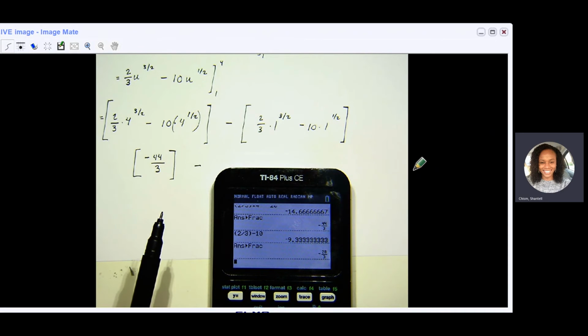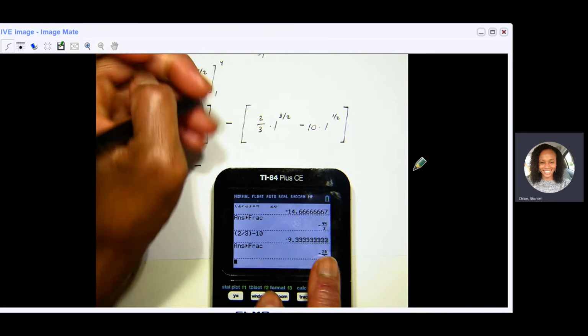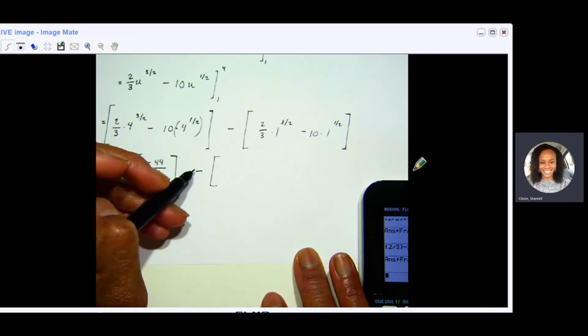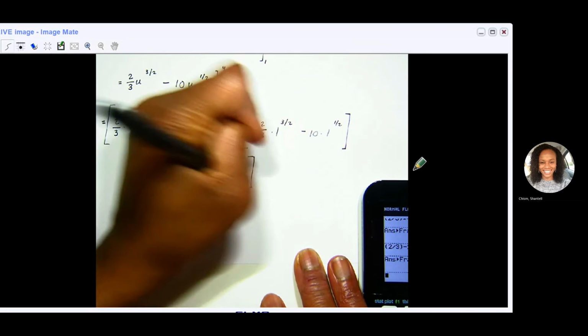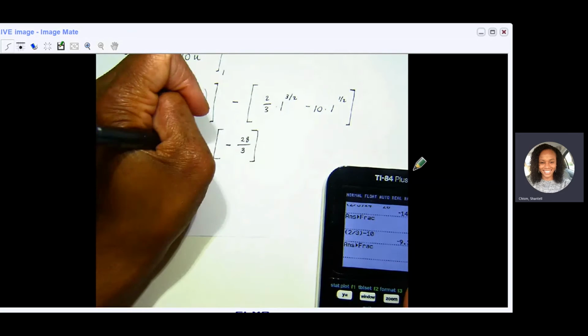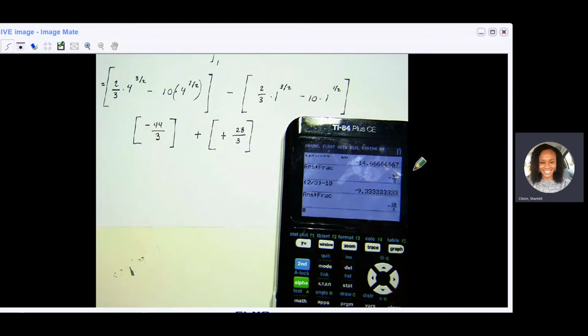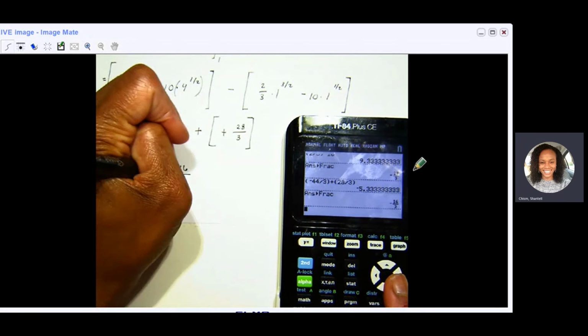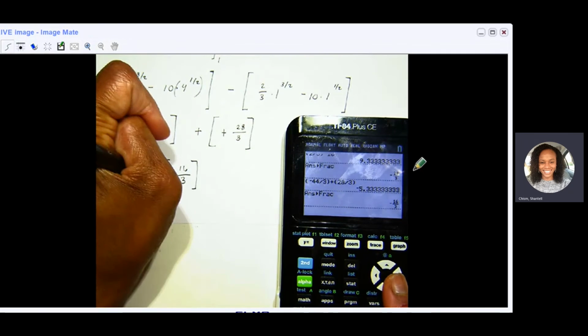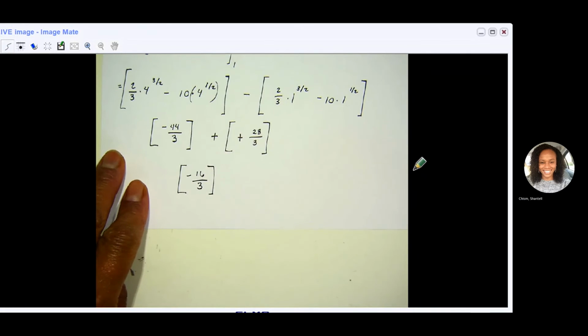So here we get a negative 28/3. So it's minus, but then it's negative in here as well. That's technically going to become plus. So negative 44/3 plus 28/3 gives us negative 16/3. That's our answer. That is our answer.